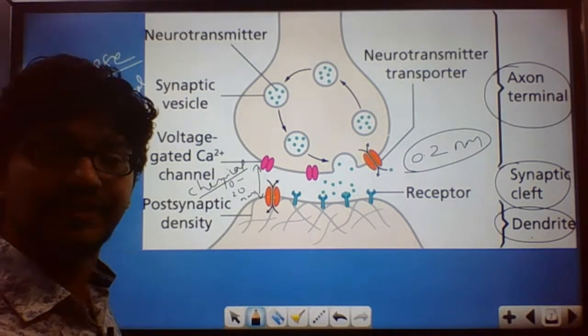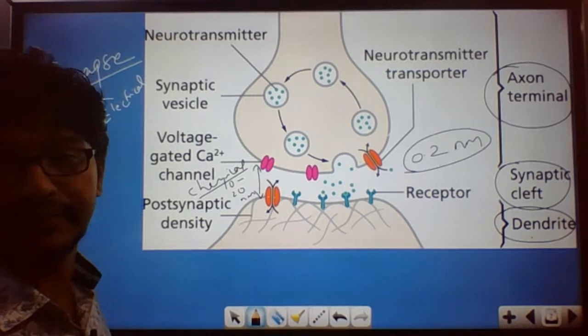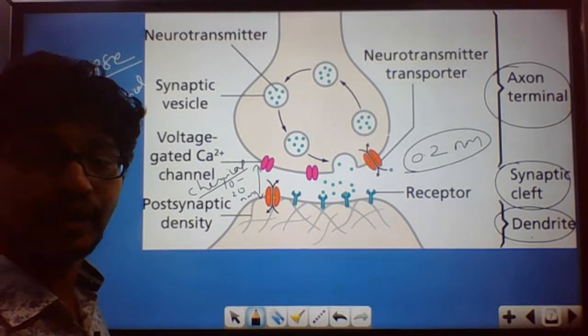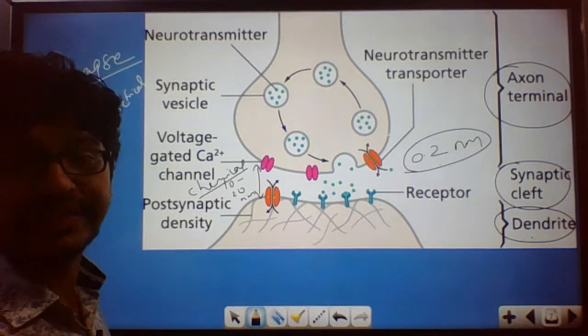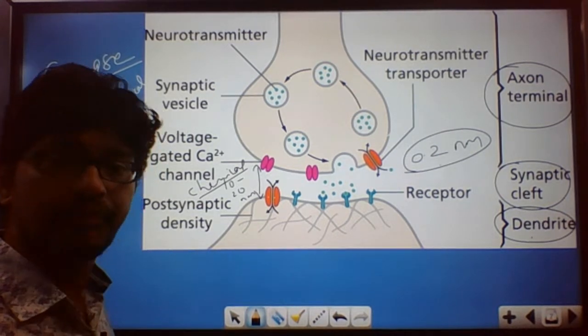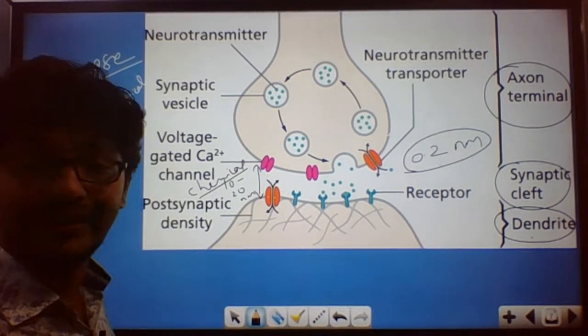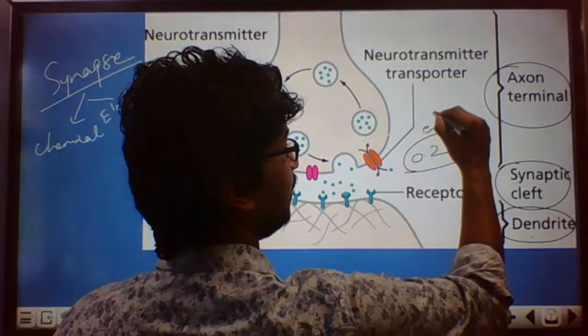Since the gap is very small, the impulses are also transferred much faster. The neurotransmitter acetylcholine is not required, because the cleft between your axon and the dendrite of the neuron is only 0.2 nanometer.